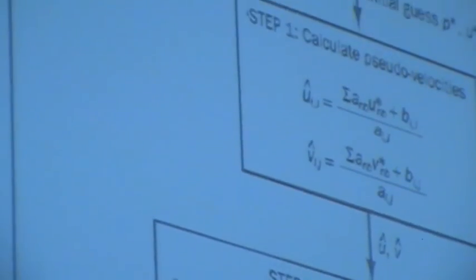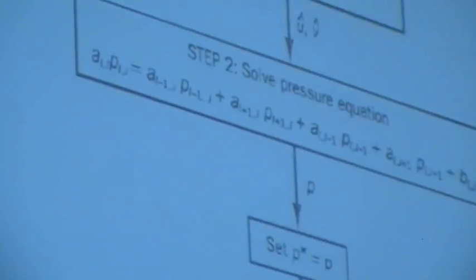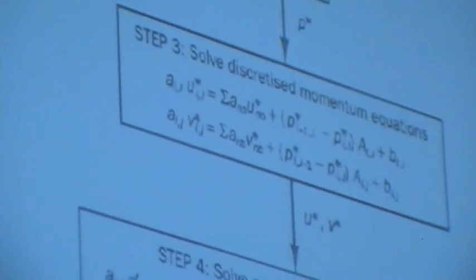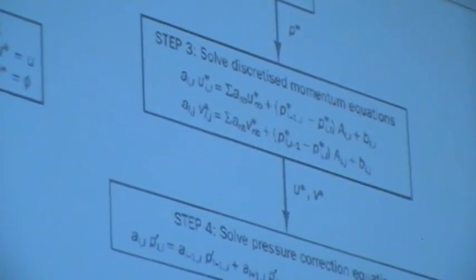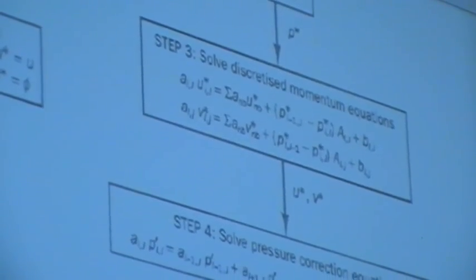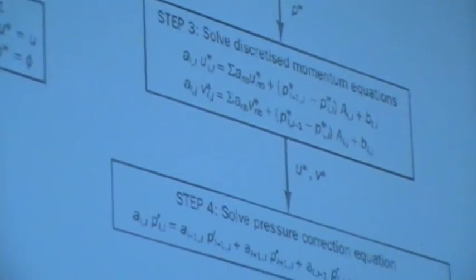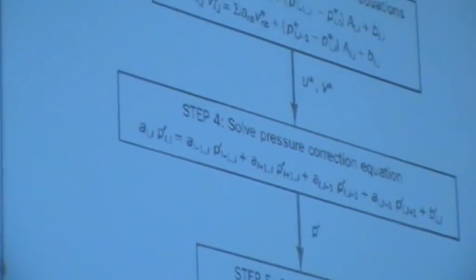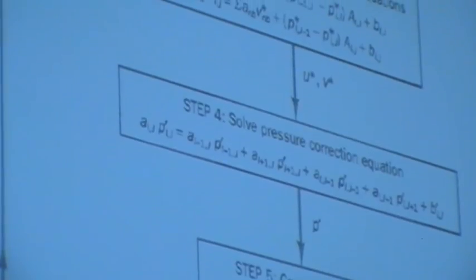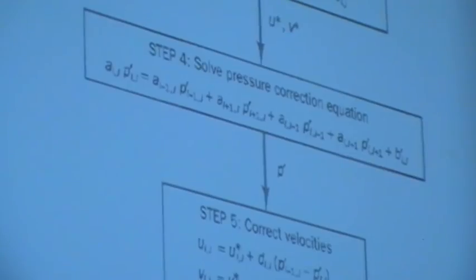The work is then to solve the pressure equation, which is a Poisson-like equation and is costly. Then we set the p star equal to p, and we solve the discretized momentum equations, similar to what we did for SIMPLE. Then we do the correction, only for the velocity, U and V, with the U star and V star, the preliminary velocities computed in the momentum equations.